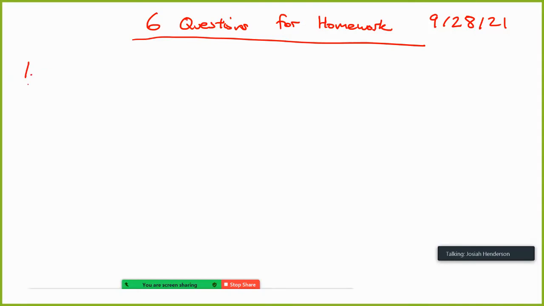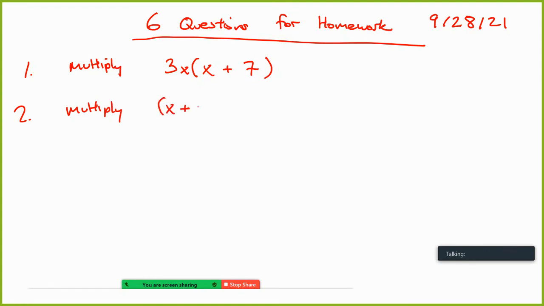So let's do 3 questions on multiplying. For number 1, multiply 3x times x plus 7. And let's do x plus 5, x plus 10.